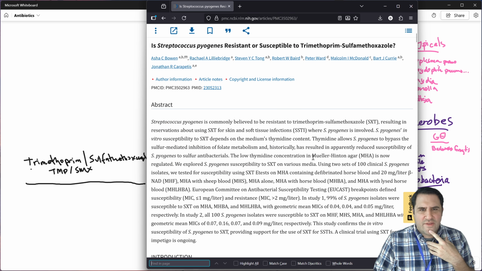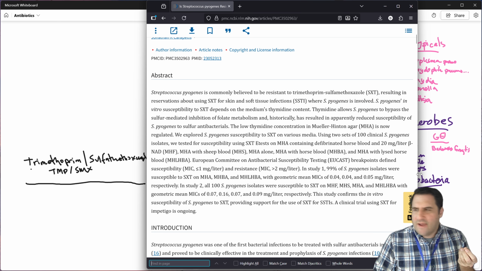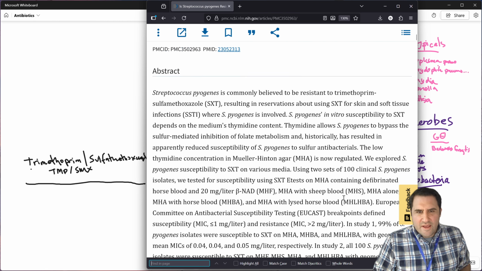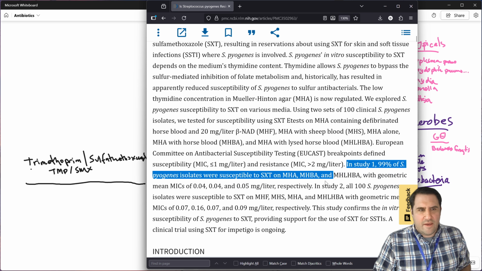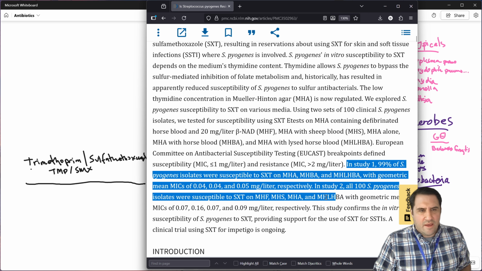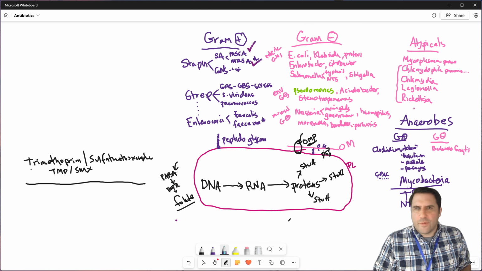And the answer is, if you're using this Mueller-Hinton agar, which is where the thymidine concentrations are low, they were actually getting excellent, great susceptibility rates with sulfamethoxazole. So the answer is, yeah, it probably is susceptible.